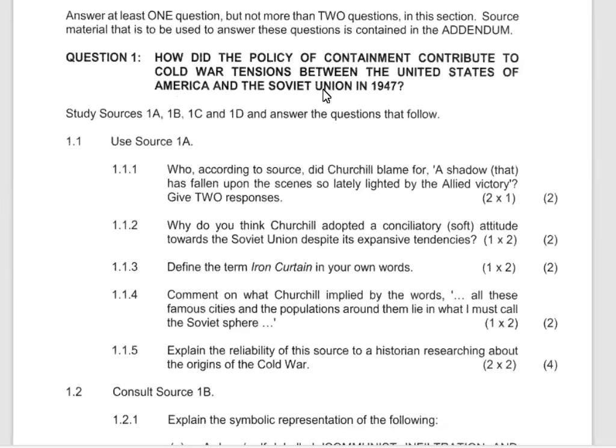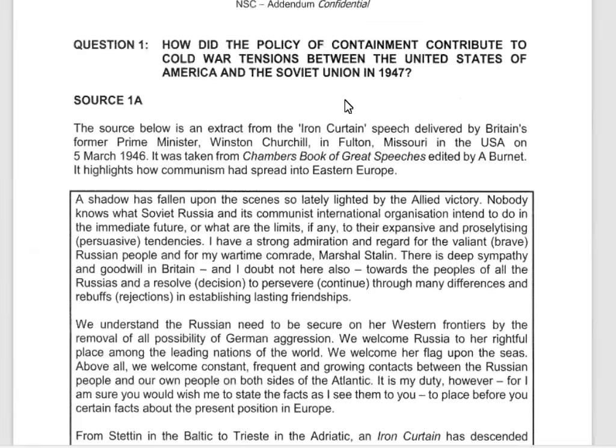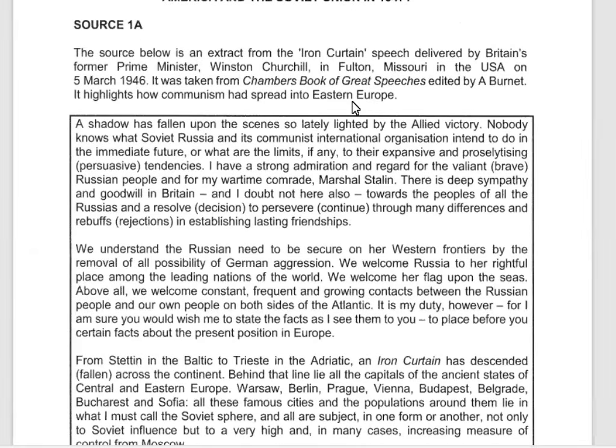But if we go to our sources, this is a level 1 question, which is an extraction question. We are just supposed to extract our response from the given source. So if we check our source, it says, a shadow is fallen upon the scene so lately by the Allied victory.